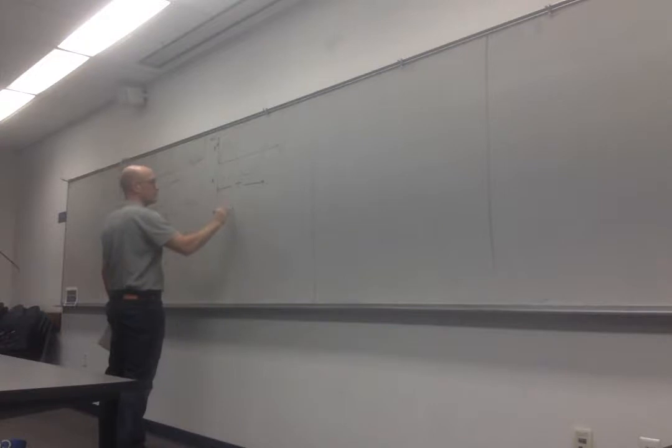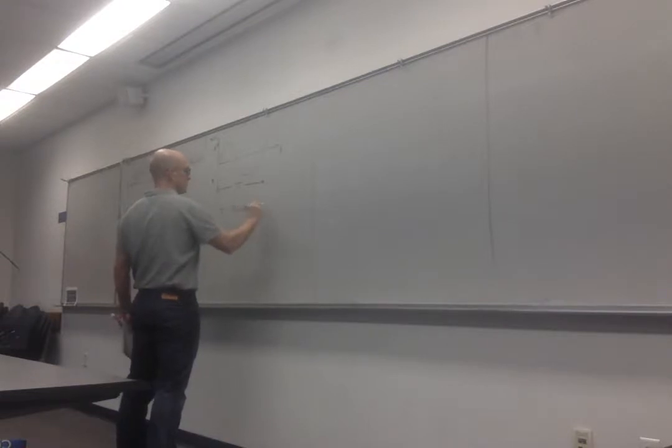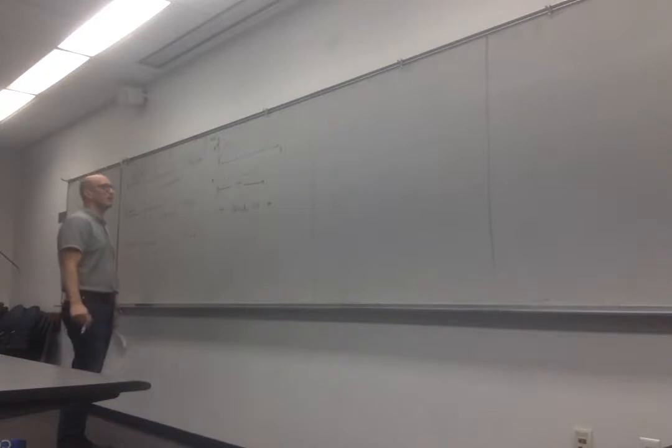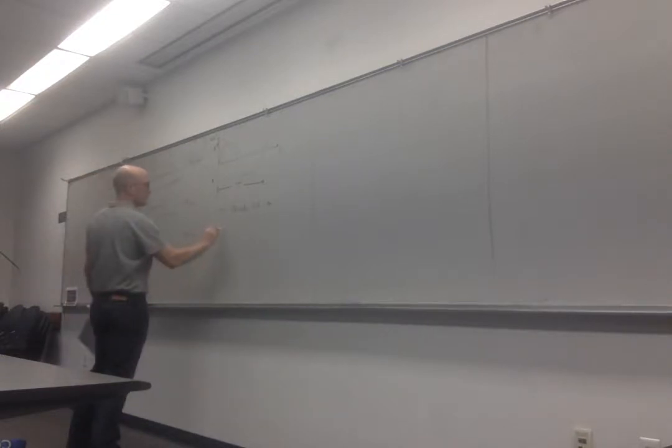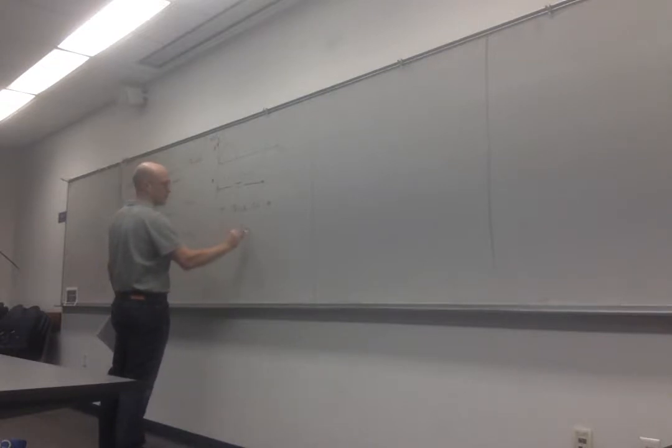We have T, which is the period. You know this, and it has units of seconds. That's the time it takes to complete a full cycle. The frequency is 1 over the period. We talk about the frequency quite a lot.